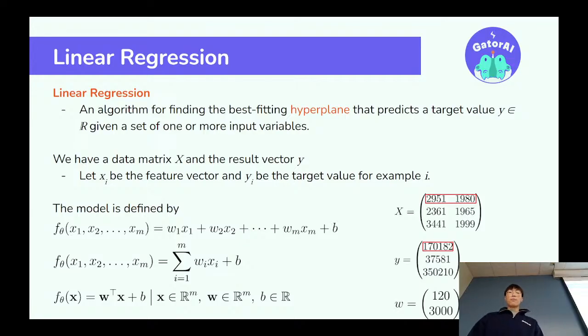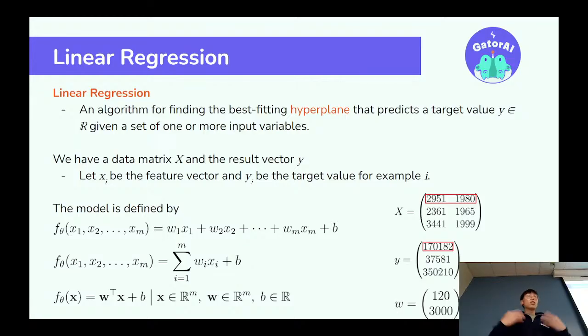What we mean by hyperplane is, based on the number of features you give it, the plane with dimension n minus 1. So if you're providing a linear model with 9 features, then the hyperplane is of dimensionality 8, right?